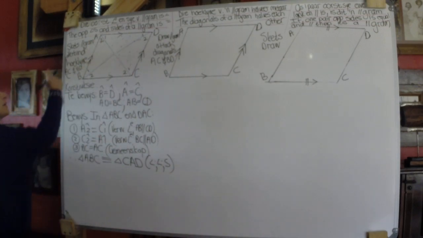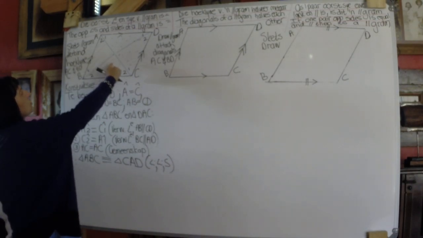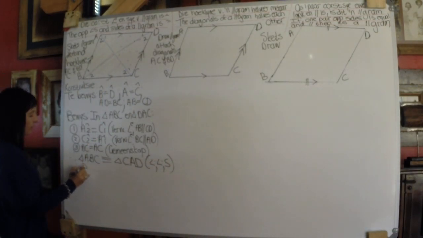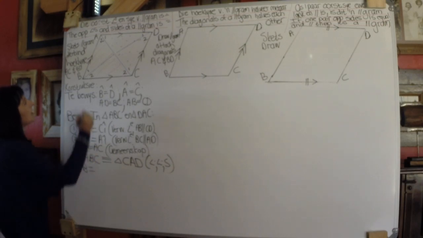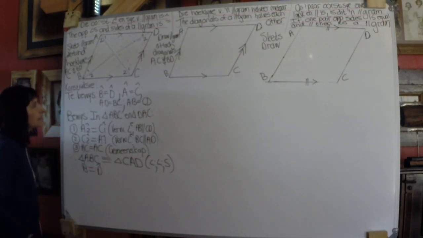So now, out of the congruency proof, I can easily say that because of that, out of these 2 triangles, therefore, angle B must equal angle D, the whole angle.